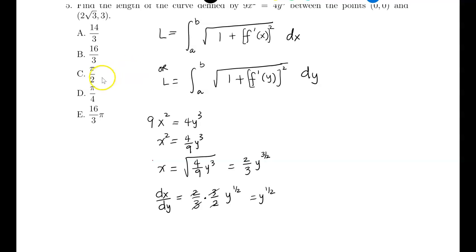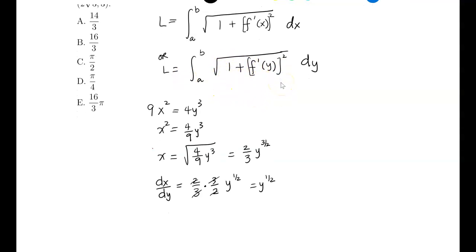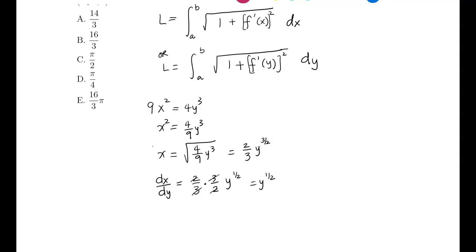Then we can plug it into the formula. So using that formula, we will have the integral of the square root of 1 plus the derivative. The derivative is y to the 1/2. Square it, integrate it with respect to y.